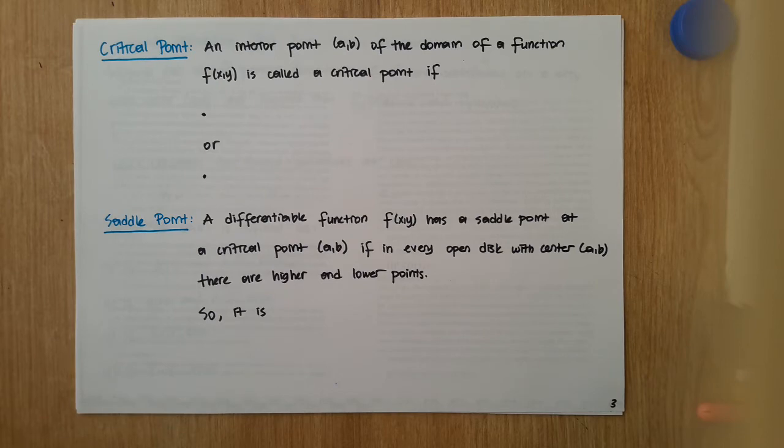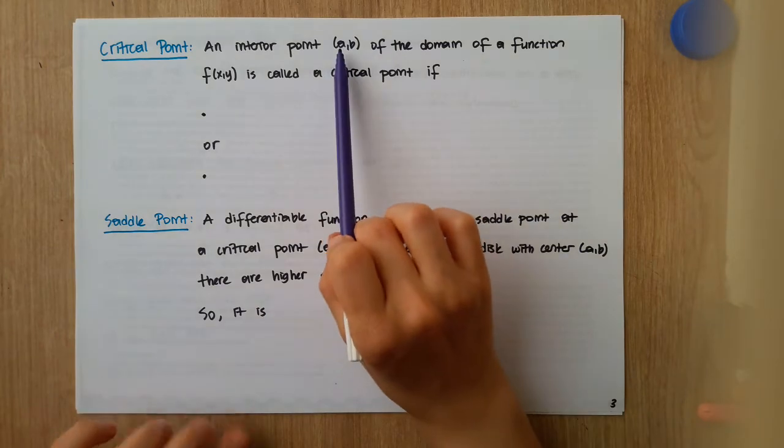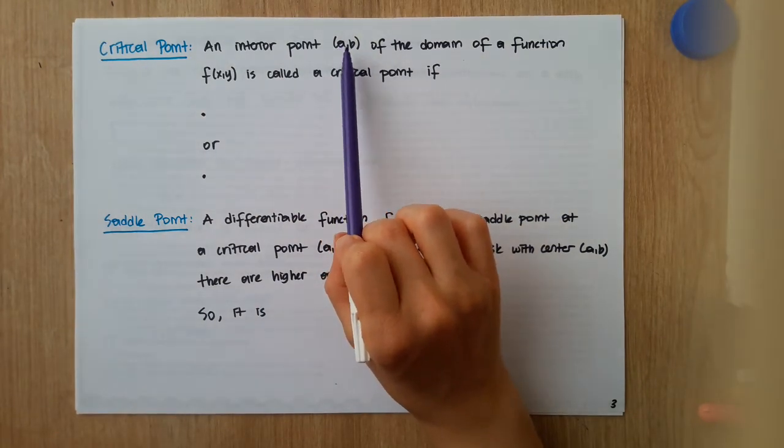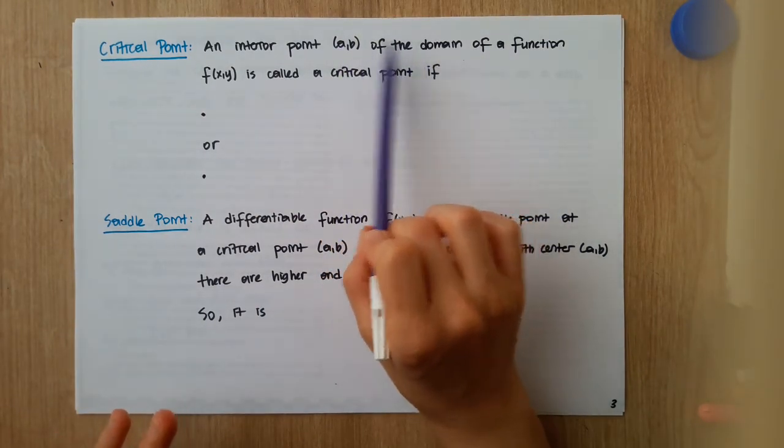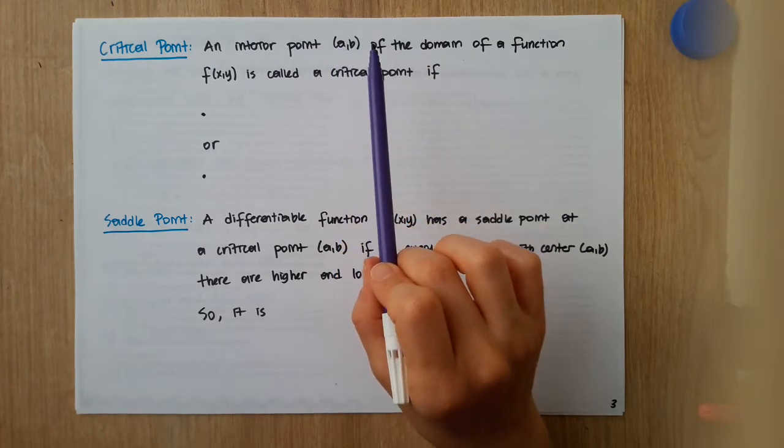Okay, an interior point (a, b) of the domain of a function, which means this point belongs to the domain and it is not the end point. It is not on the boundary.